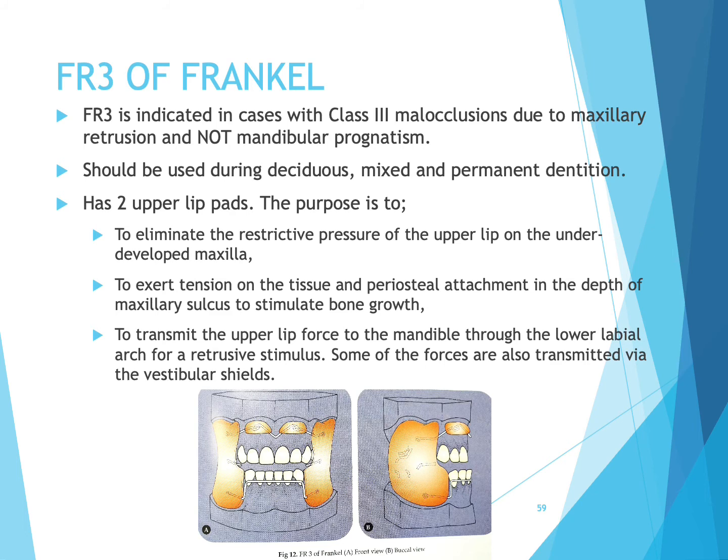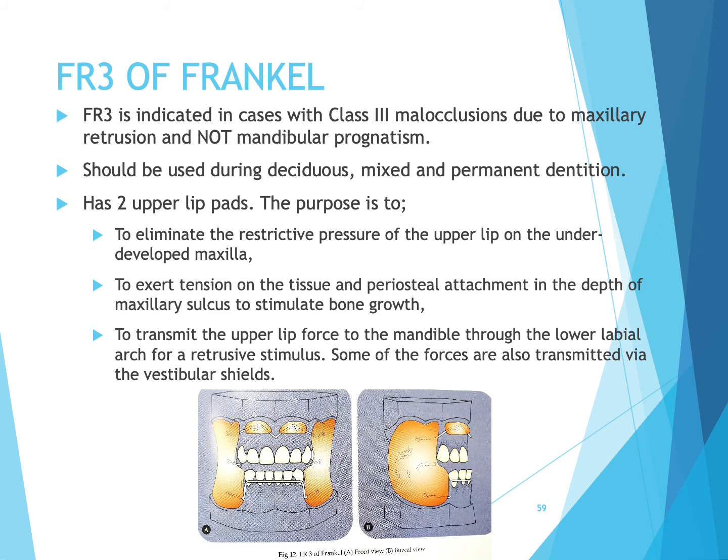The purpose is to eliminate the restrictive pressure of the upper lip on the underdeveloped maxilla, to exert tension on the tissue and periosteal attachment in the depth of the maxillary sulcus to stimulate bone growth, and to transmit the upper lip force to the mandible through the lower labial arch for a retrusive stimulus.